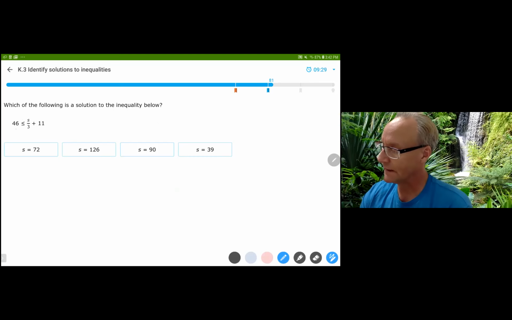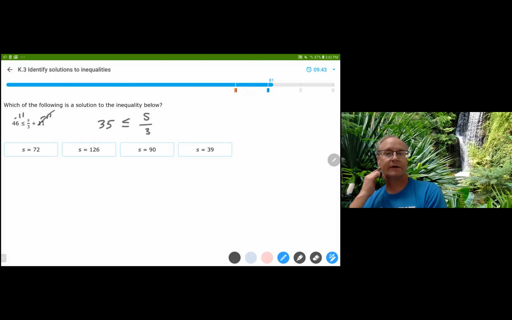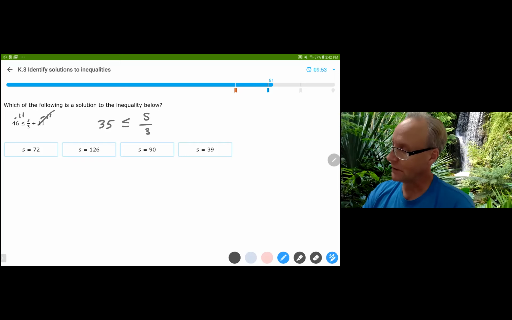I'm going to subtract 11 on both sides, and I'm going to get 35 is less than or equal to s over 3. I subtracted 11 from both sides, nice and easy. And I get 35 has to be less than or equal to s over 3. Another way to read this is that s over 3 has to be greater than or equal to 35. So I'm going to divide these all by 3.